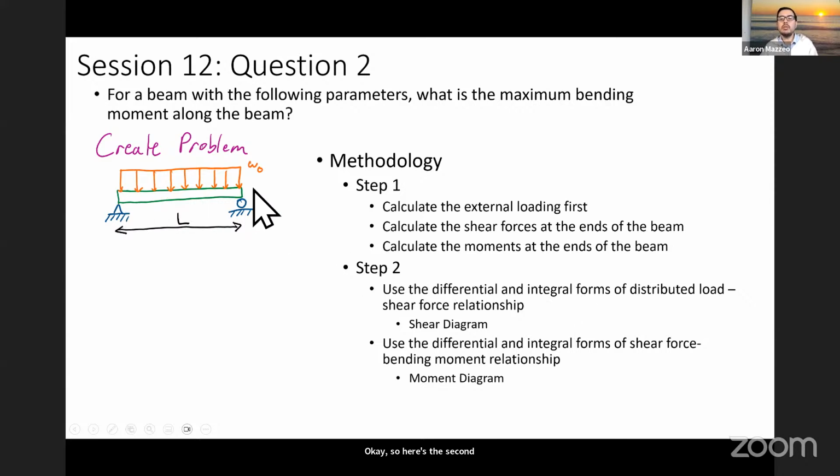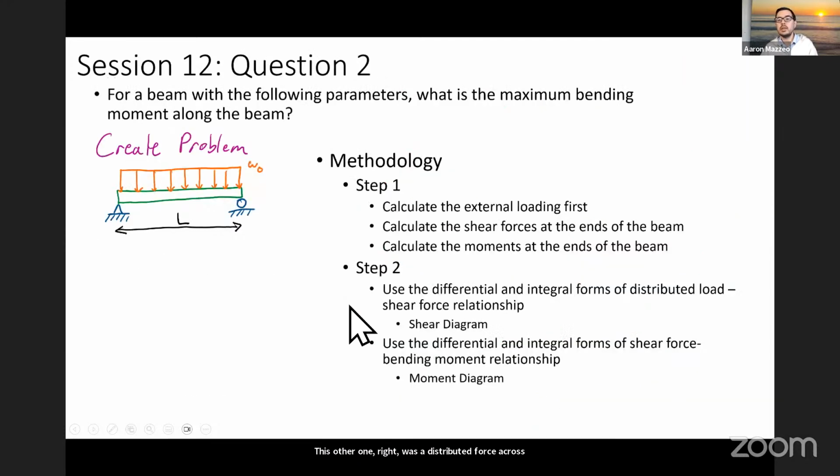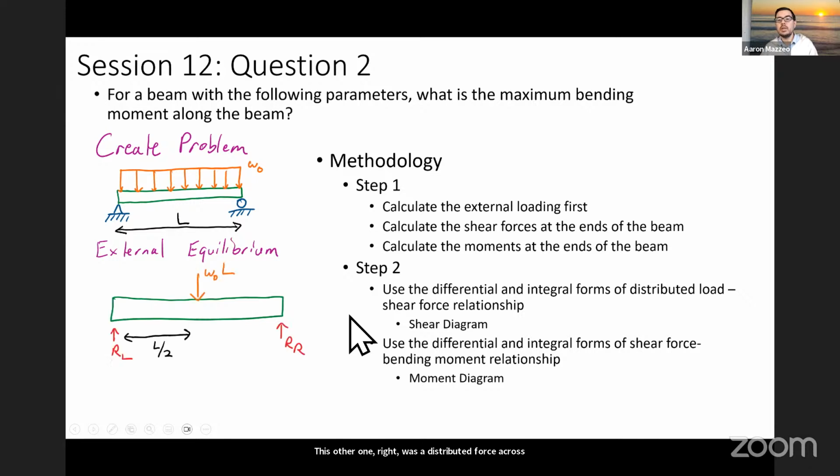Okay, so here's the second question on the assignment. Now we have a distributed force across a beam that's simply supported. This other one was a distributed force across a cantilever beam. And so here, very quickly, we will perform external equilibrium. And symmetry allows us to say that RL is equal to RR.